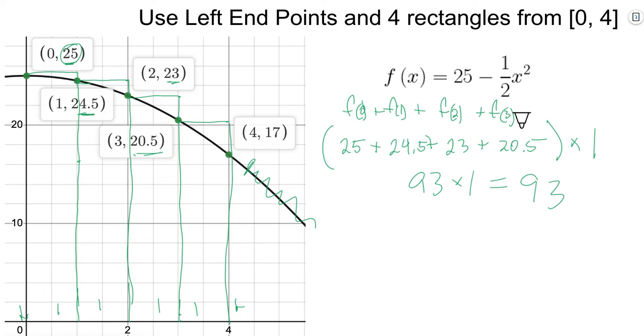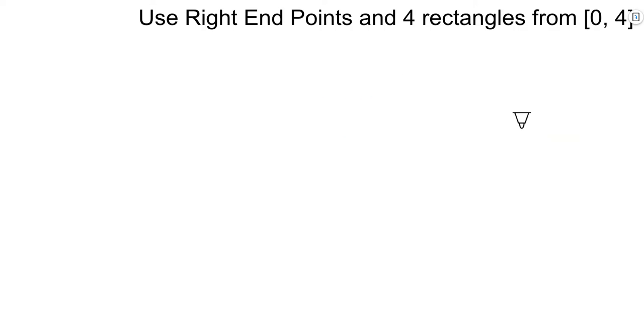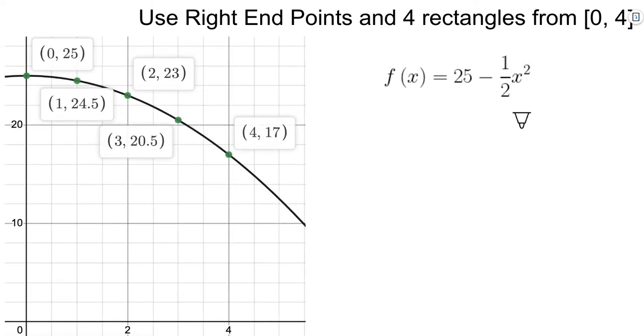Okay. And then the next one, again, this is using the right endpoints. We do the same thing, same picture, same points. It's just that when we come to make these rectangles, we go the other way. So we start from the right end, and notice we get a little bit of under.